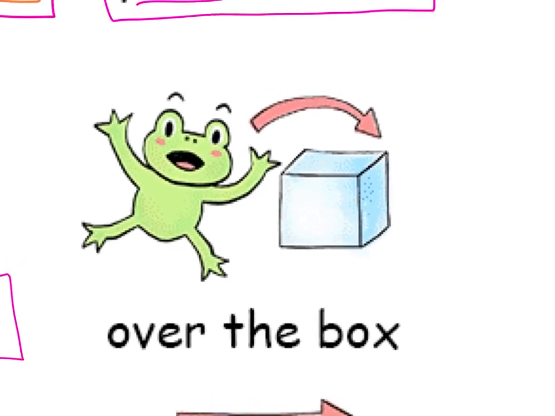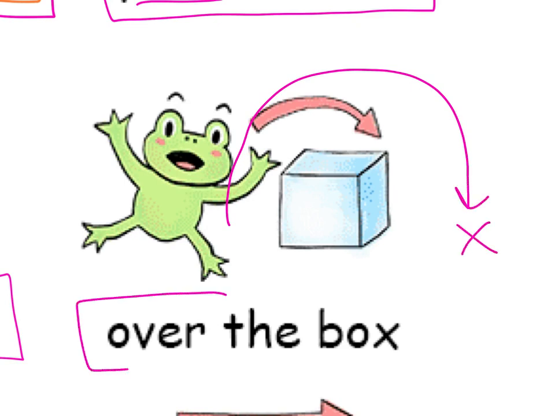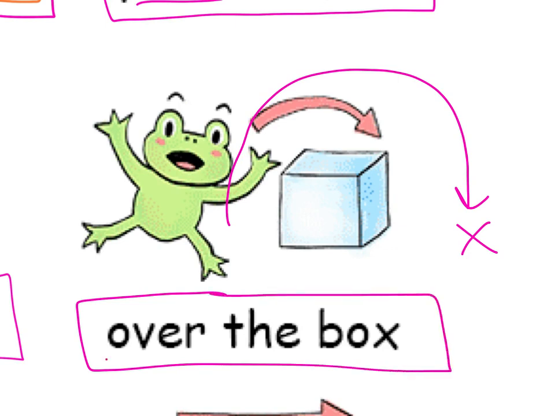Here the frog is going to jump over the box. He's going to land over here. He's not going to touch the box. The phrase is over the box. Over is the preposition, and box is the noun at the end of the prepositional phrase.